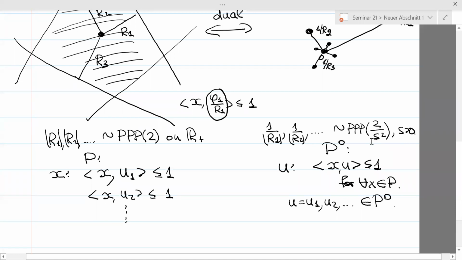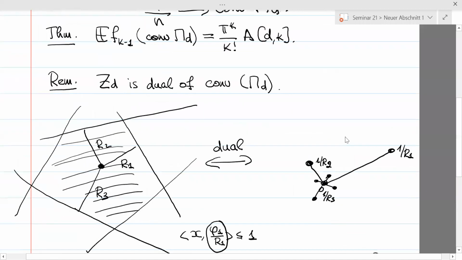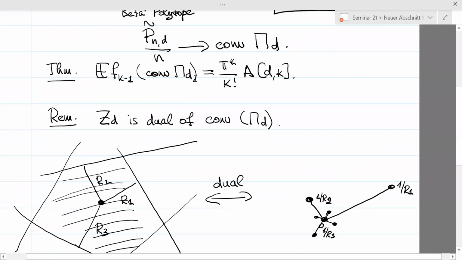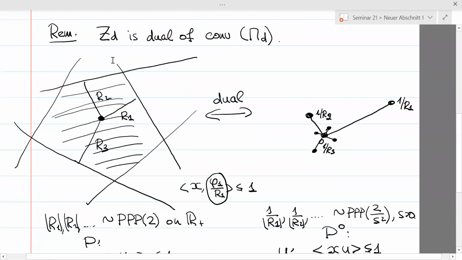Now, what I wanted to show is that the convex hull of the Poisson process is dual to the Poisson zero cell. The dual polytopes are related by the following formula. The hyperfaces of a polytope are in one-to-one correspondence with the vertices of the dual polytope.